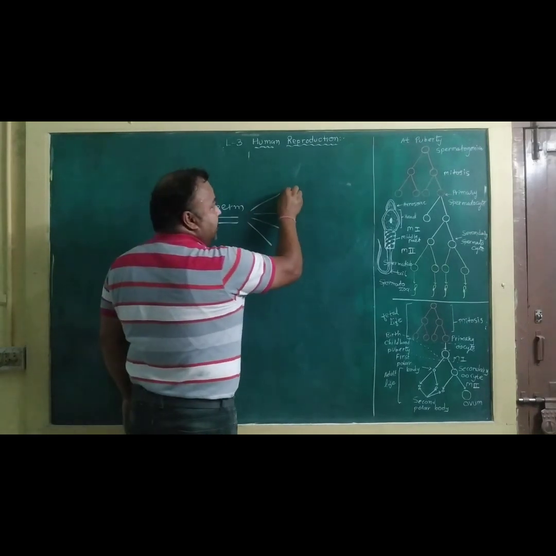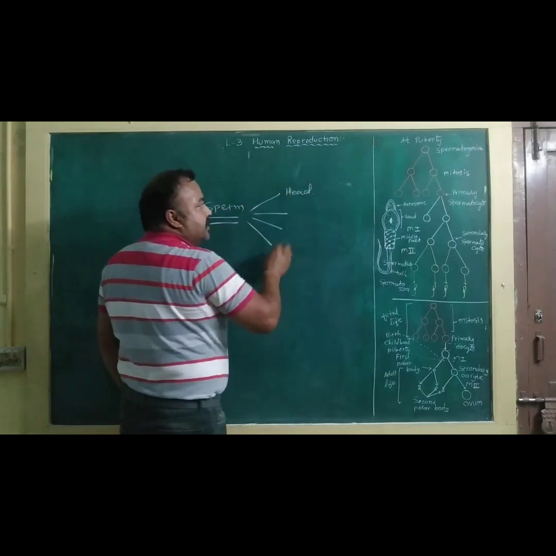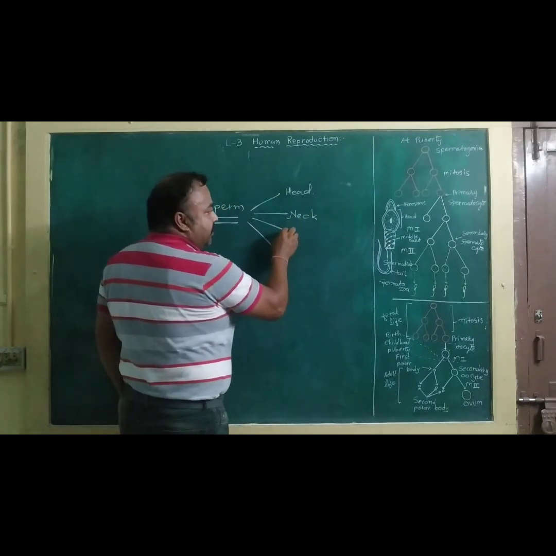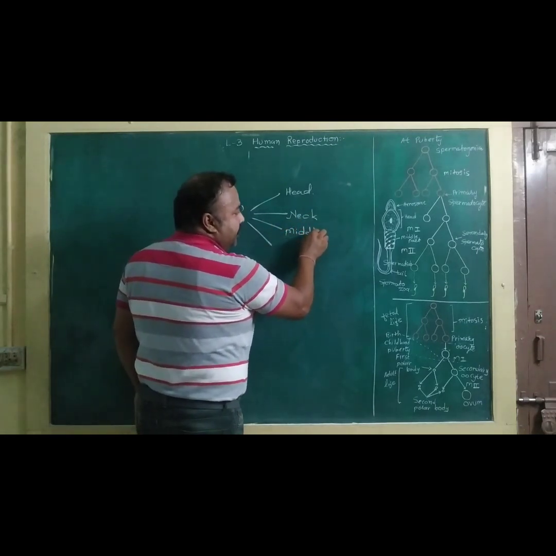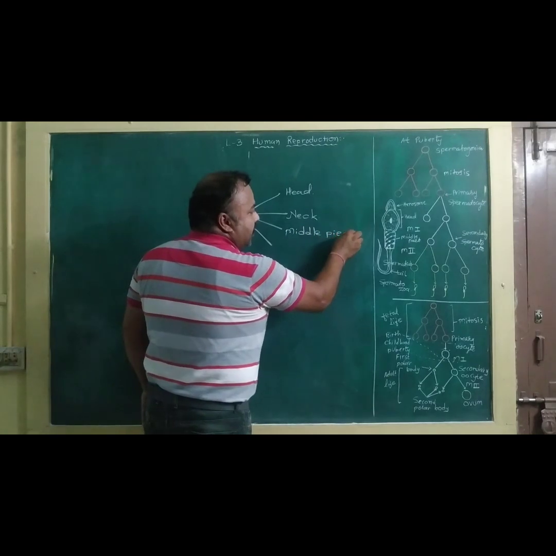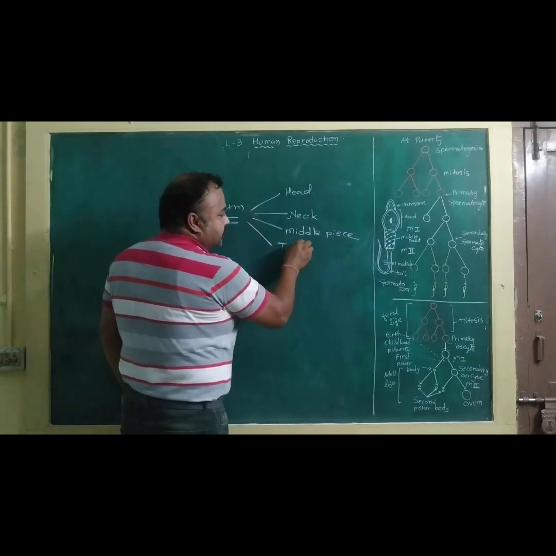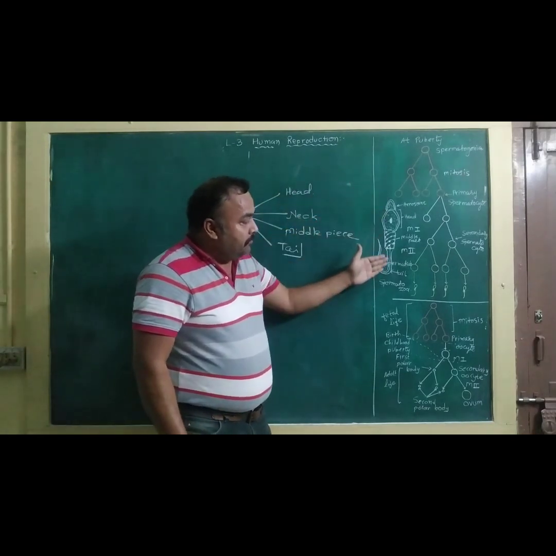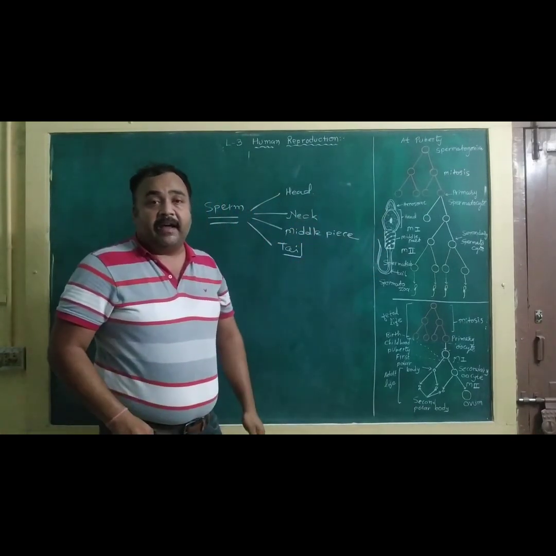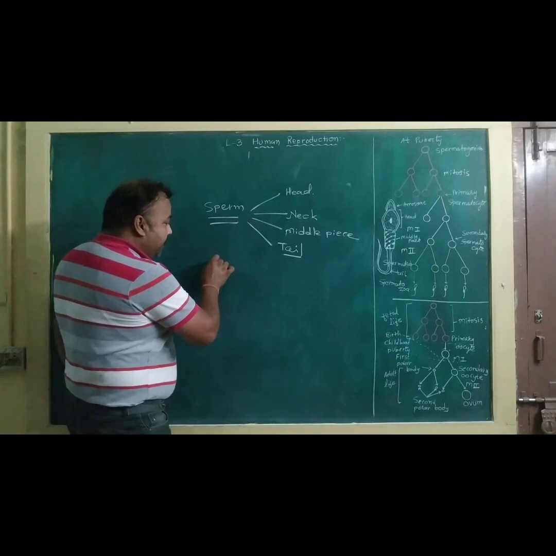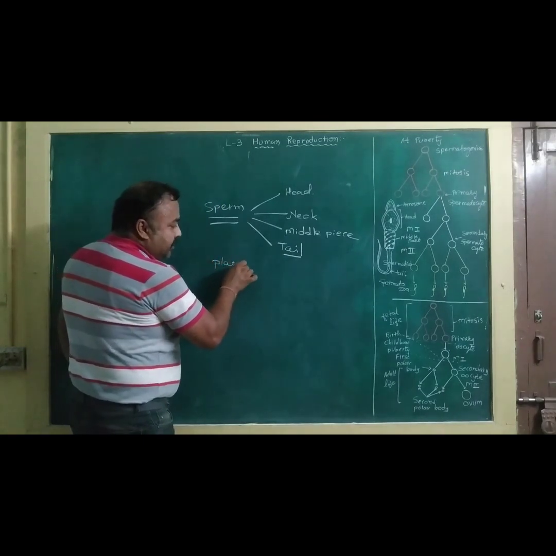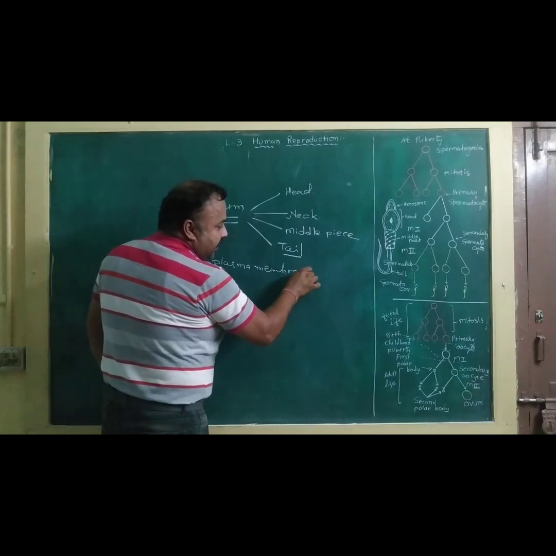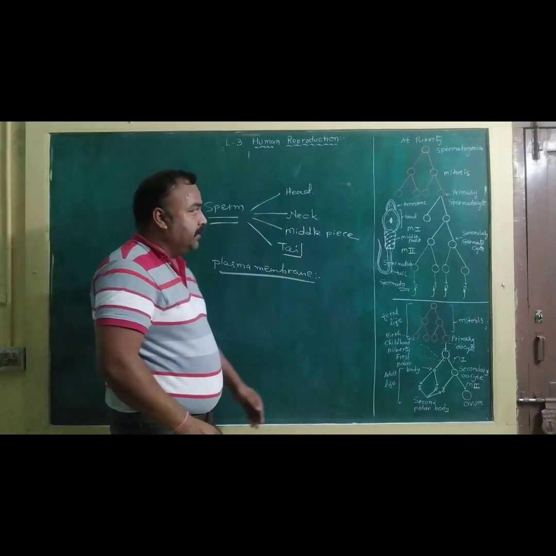One is known as the head, second one is known as the neck, third one is called the middle piece, and fourth one is known as the tail. The whole sperm is covered by a continuous layer of plasma membrane. That means the plasma membrane covers the sperm cell totally.